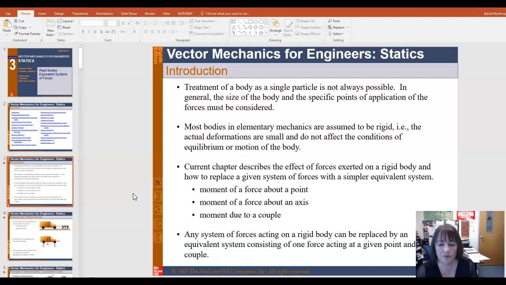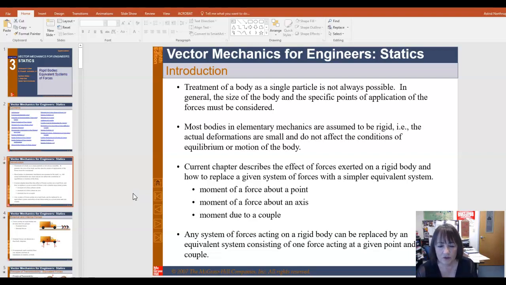Now, a rigid body means that the body will not deform or break under the loads that we subject it to. Later on, when you take mechanics of materials, you'll learn how to deal with non-rigid bodies where things deform or break. But in this class, we assume that everything we apply to the body will be taken up by the body without deformation or without breakage.